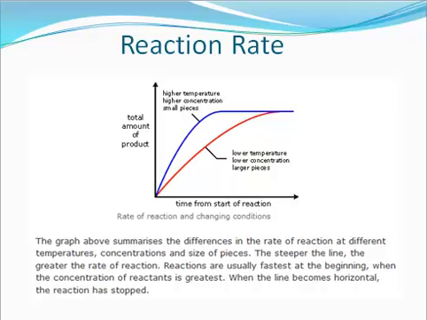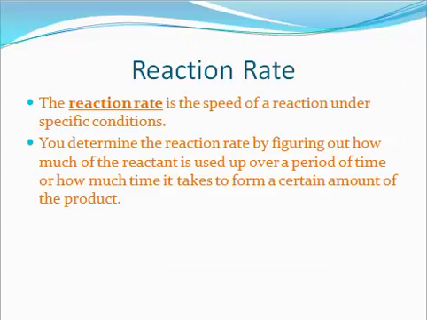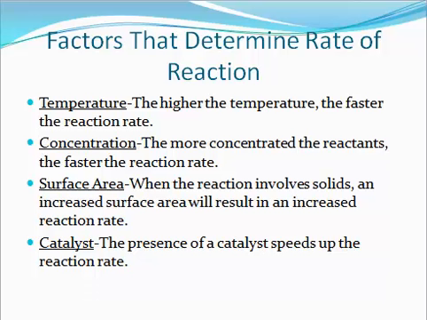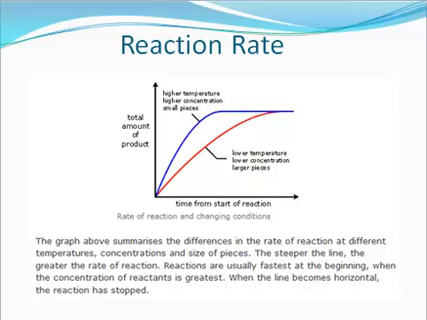So we want to know why this blue line reaction happened faster than this red line reaction. And that is because we have changed some of the factors within that reaction. So what changed?